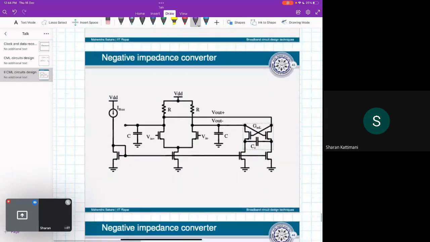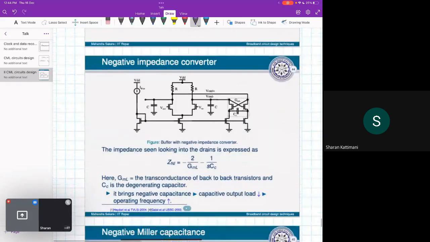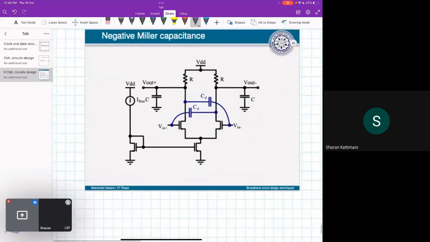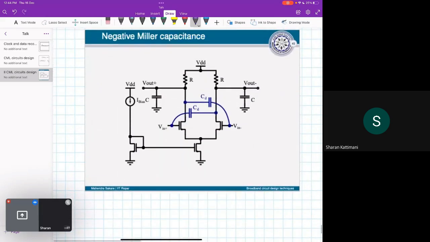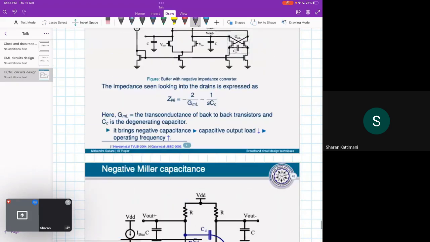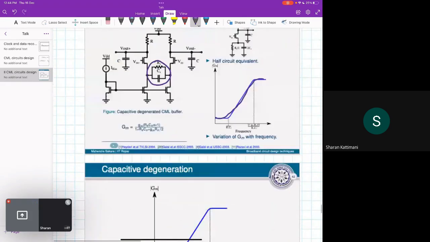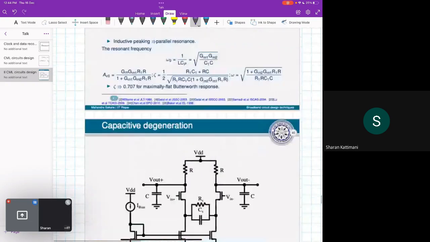Capacitive degeneration, negative impedance converter, and negative Miller capacitance are all speed enhancement techniques used in CML logics. But mostly capacitive degeneration and active inductors are widely used.